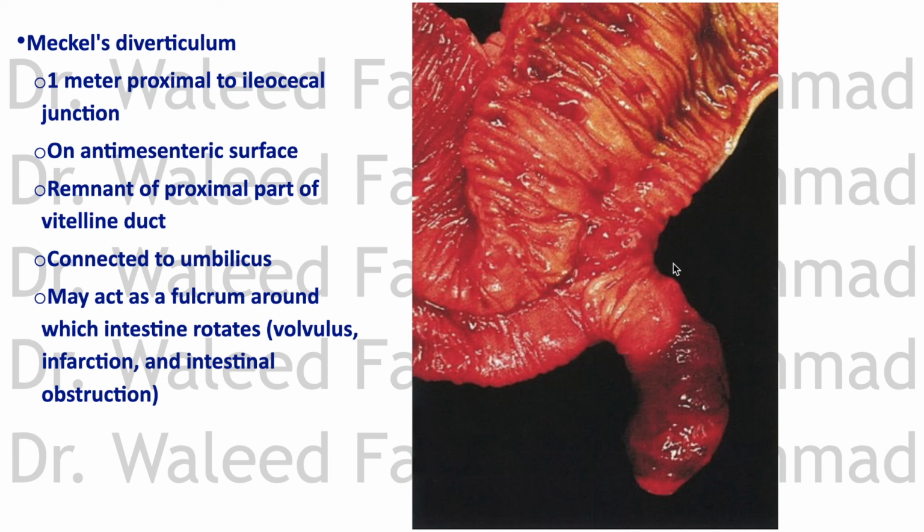This is abnormal. It will rotate around this fulcrum. This will strangulate the blood supply of the intestine in the mesentery. This case is called a volvulus, in which there is infarction of the affected part of the intestine, and of course it needs surgery. It's a life-threatening situation if there's an infarction of part of the intestine.